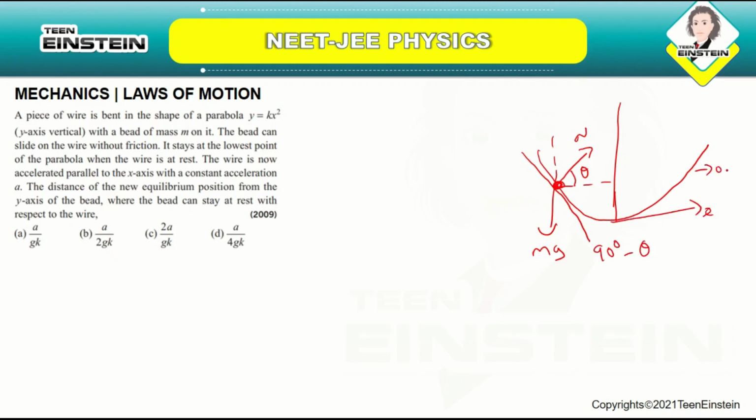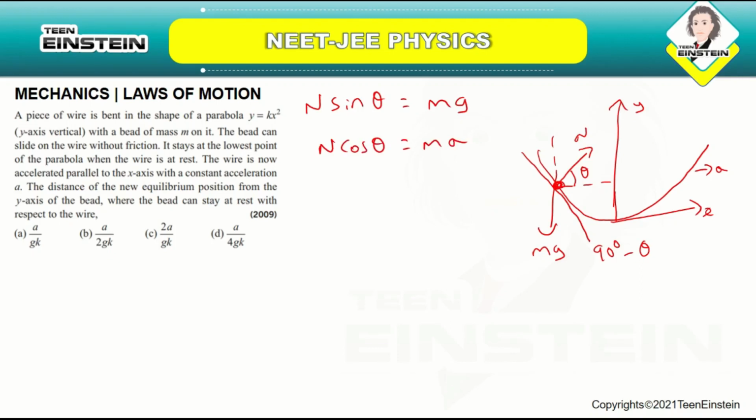Okay, so now you know that the components N sin theta is equal to mg and N cos theta is equal to ma.